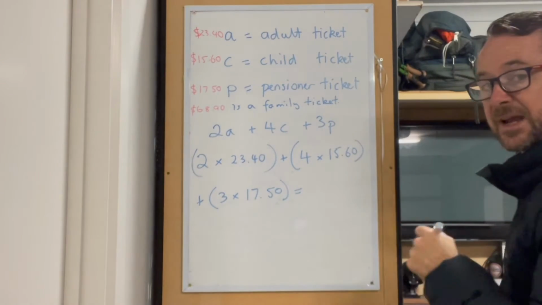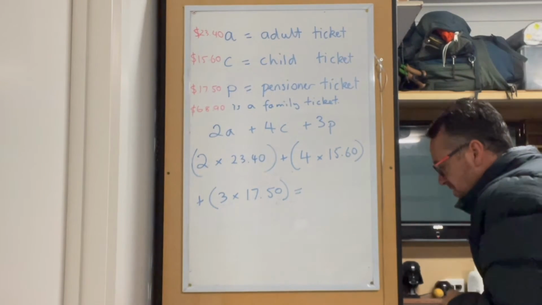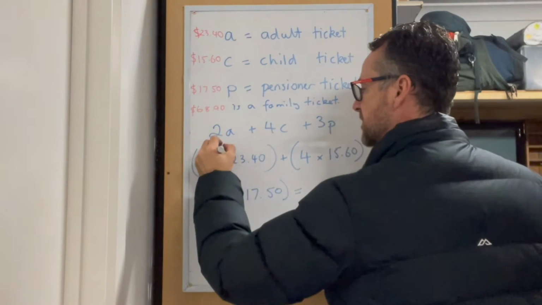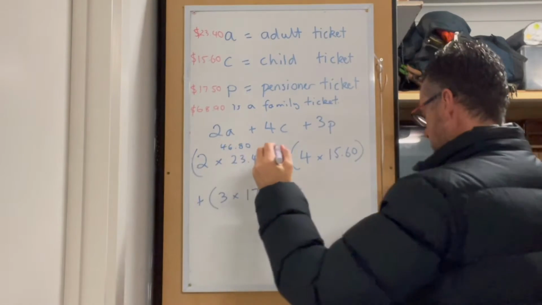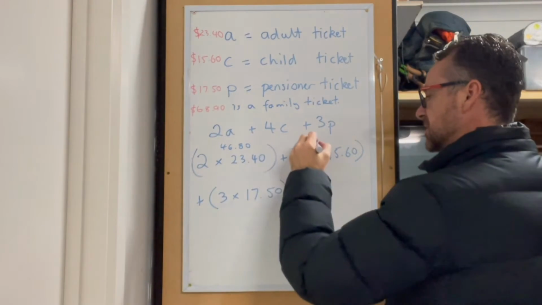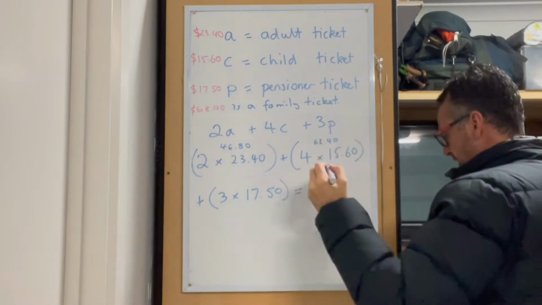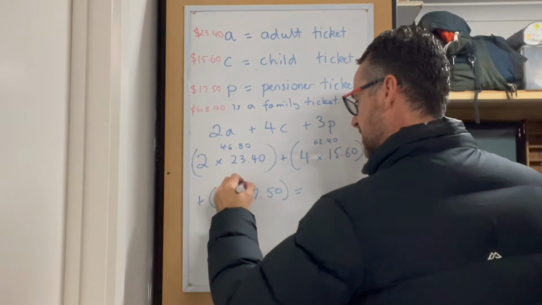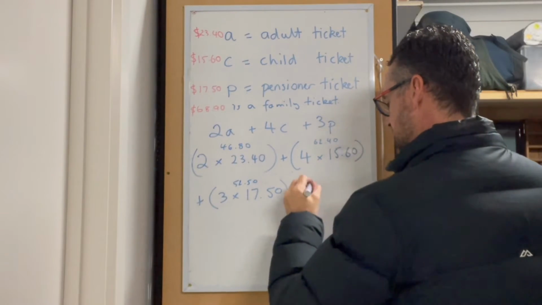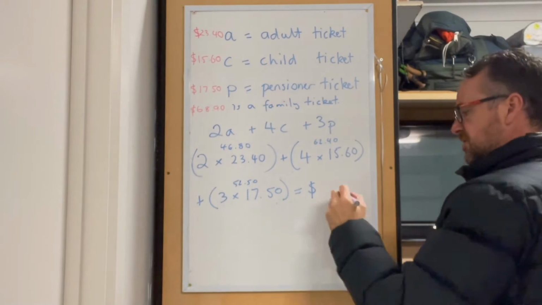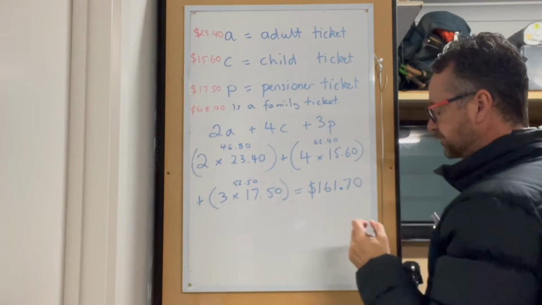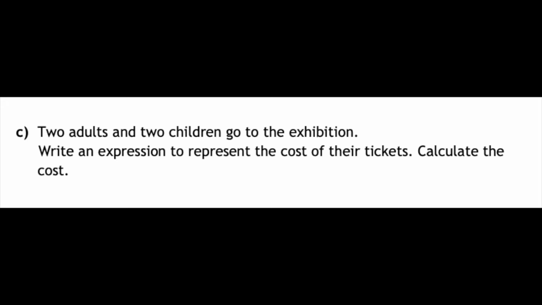And this is calc active, so we're able to use our calculator to solve that. And we can see here that that's 46.80, 62.40, and 52.50. And that gives us a final total of $161.70.